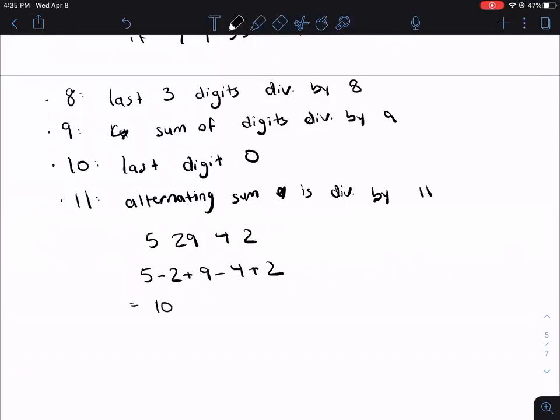And this is not divisible by 11. So 11 does not divide 10. So that means 11 does not divide 52942. Okay, do these rules make sense to everybody?